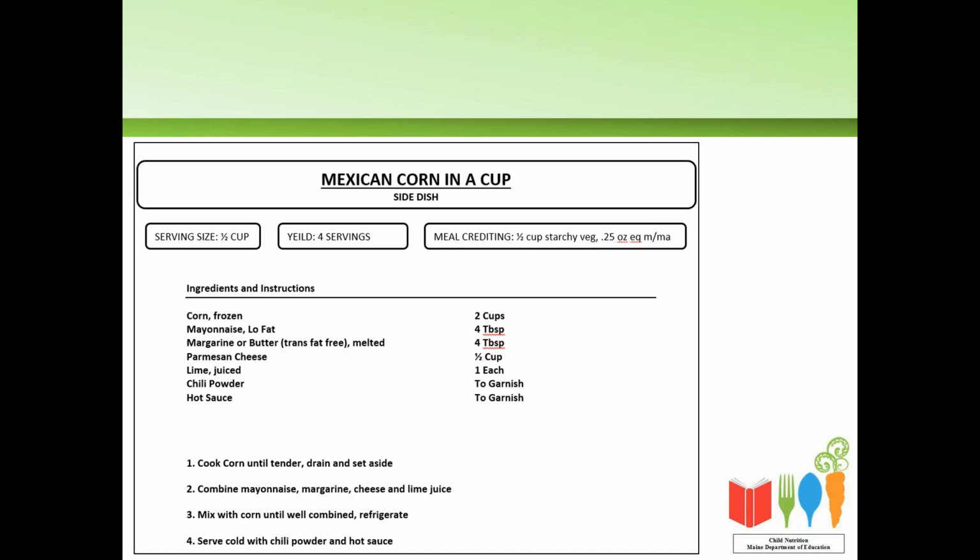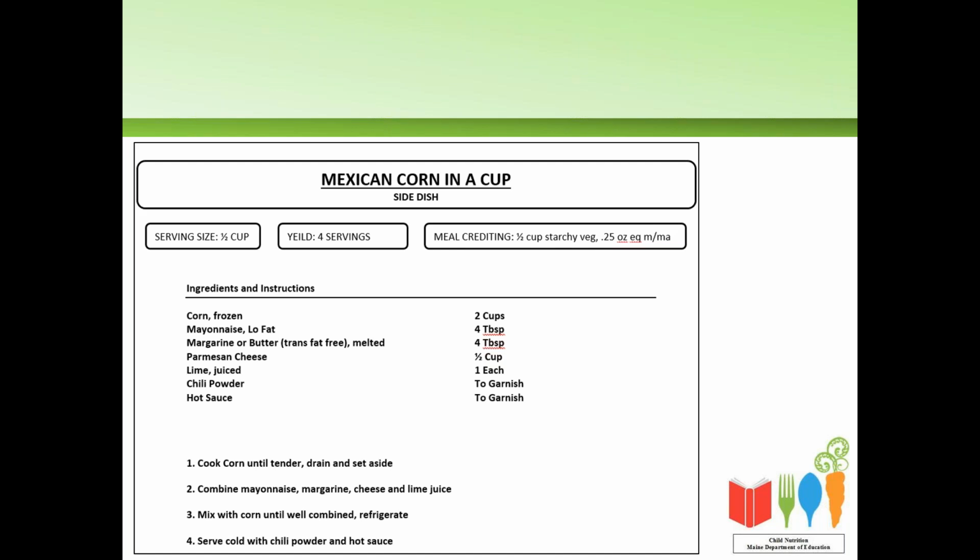We then have our meal crediting, which is a half a cup of starchy veg and that 0.25 ounce equivalent meat alternate. You'll see when we get down to the ingredients that we have exchanged the corn on the cob for frozen corn and changed it to a volume amount. We have also opted to list the cheese ingredient as Parmesan cheese because that was an option. The cotija cheese is not exactly a common item found in school nutrition programs.